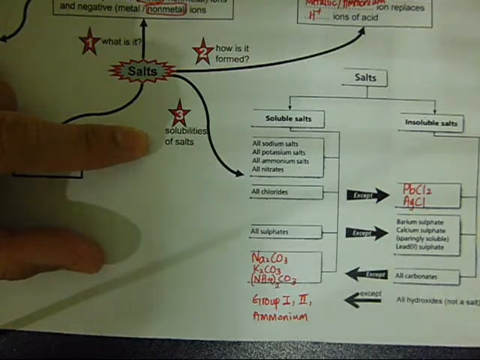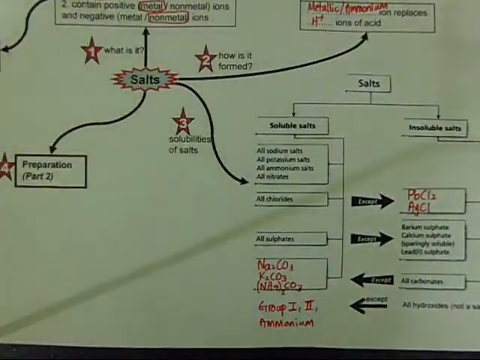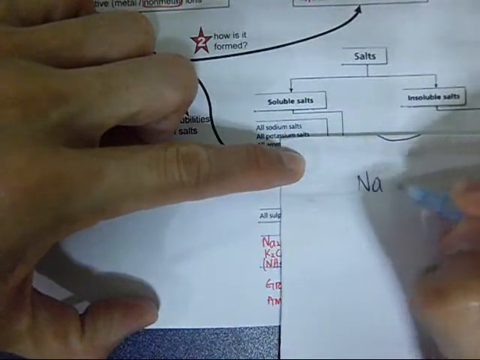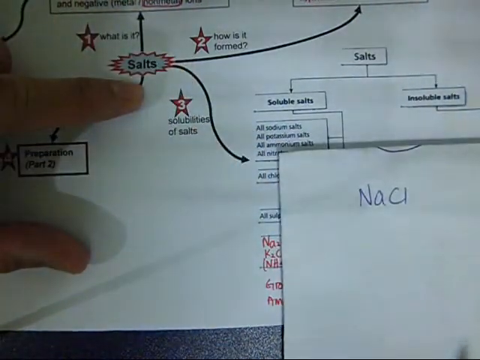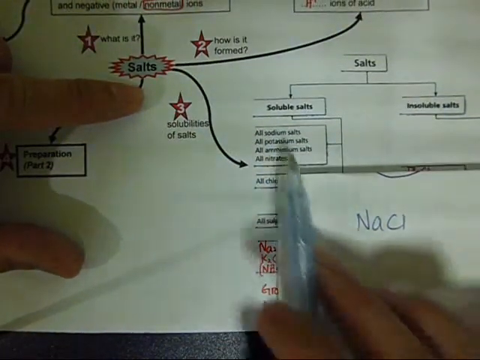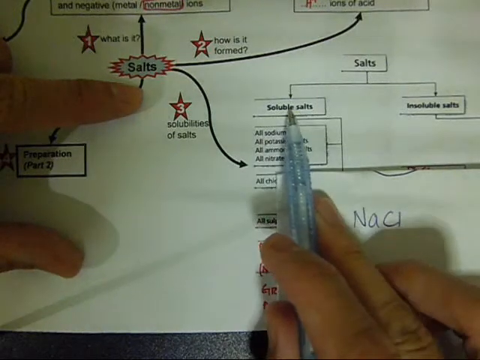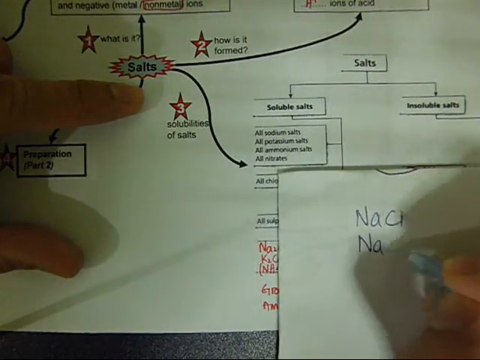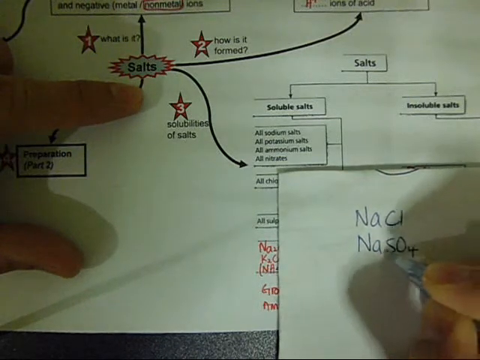For example, sodium chloride is a sodium salt, and it says that all sodium salts are soluble. So sodium chloride is soluble. Whatever sodium compound it is, it must be soluble.